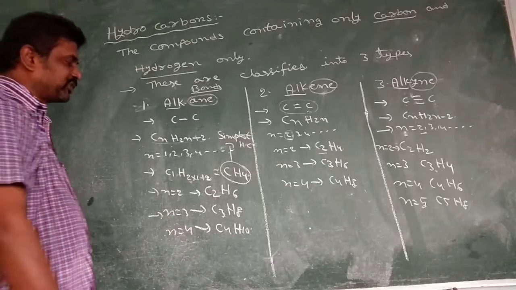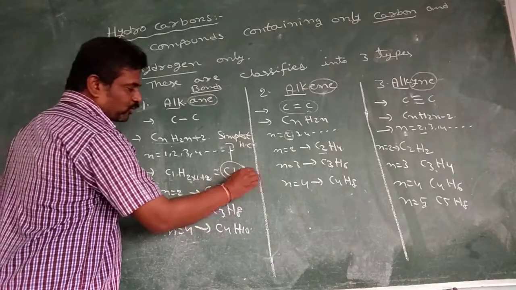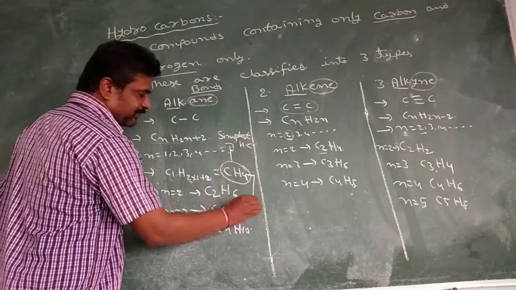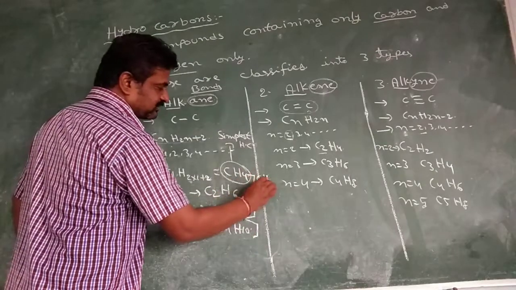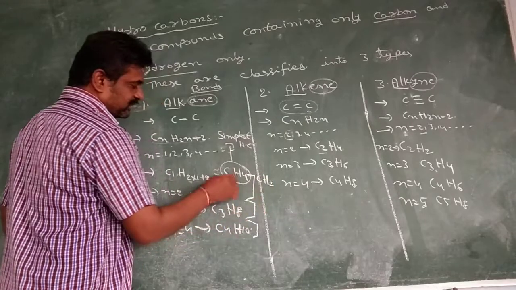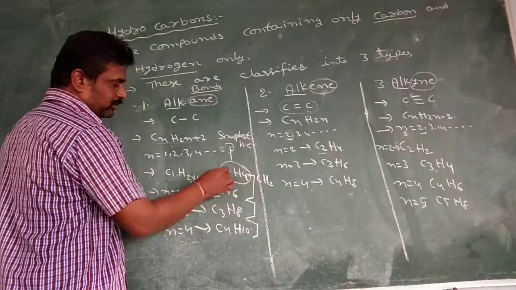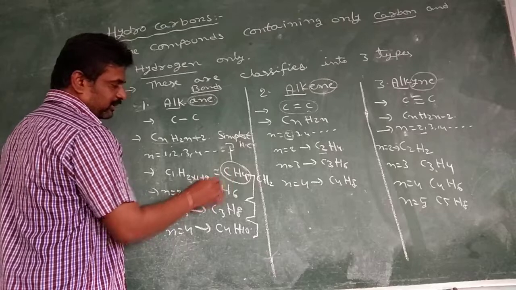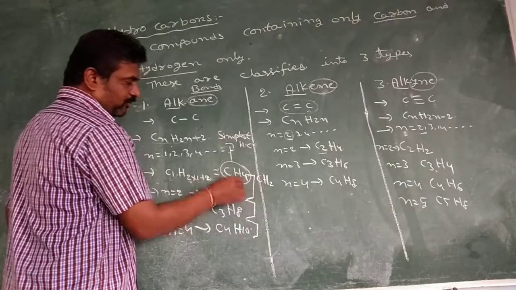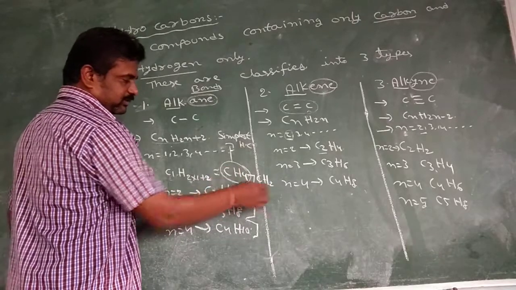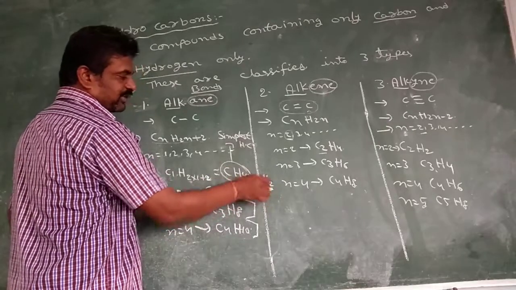butane. Observe from one compound to another compound, the difference is CH2. CH4, C2H6: here one carbon, here 2 carbons. Difference is 1 carbon. 4 hydrogens, 6 hydrogens, difference H2. CH2 group.